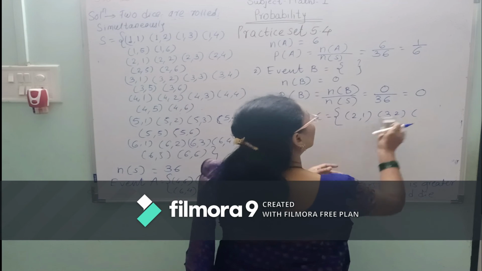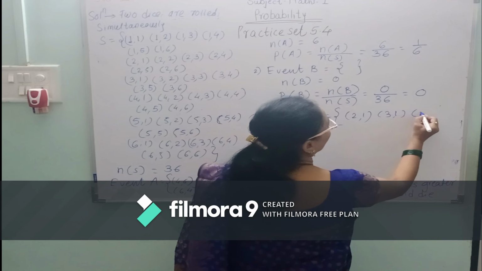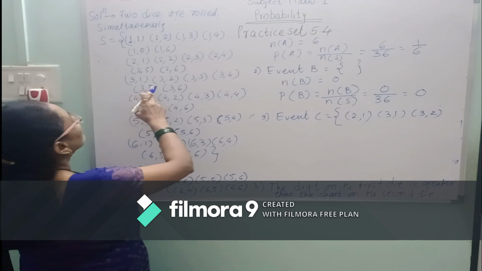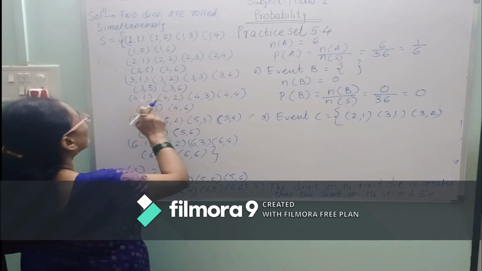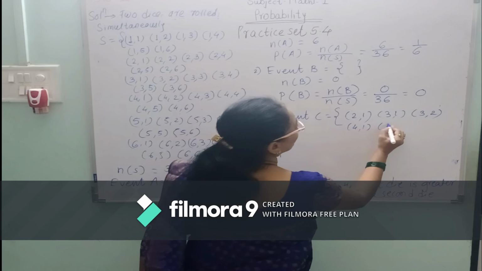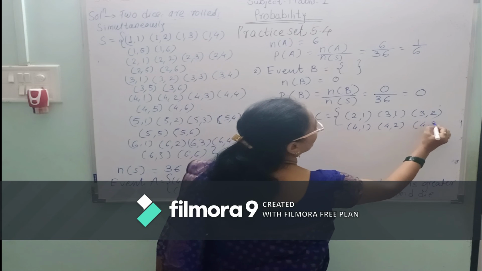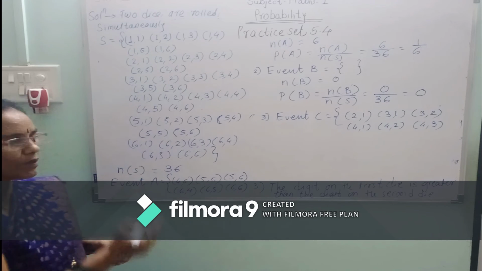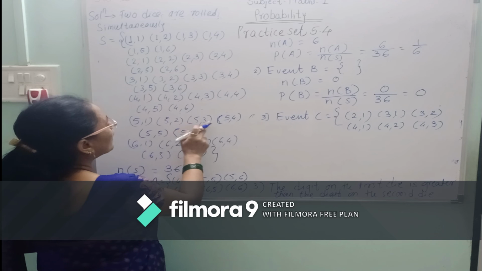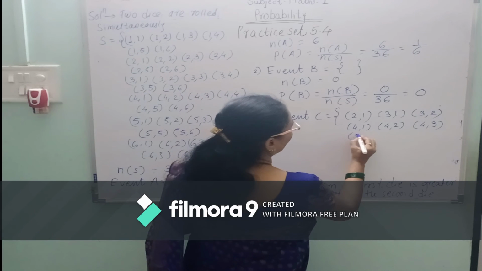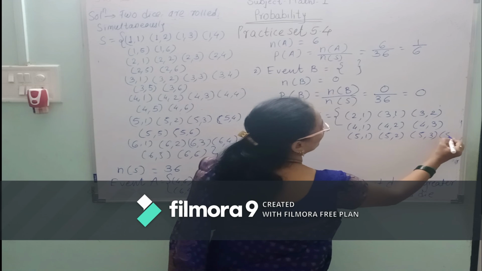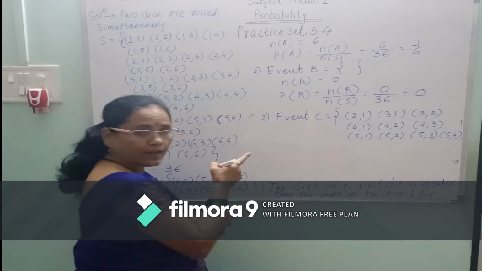Then (3, 1) and (3, 2), where the first die is greater. Then (4, 1), (4, 2), (4, 3), where the first die is greater. Then (5, 1), (5, 2), (5, 3) and (5, 4), where the first die is greater.